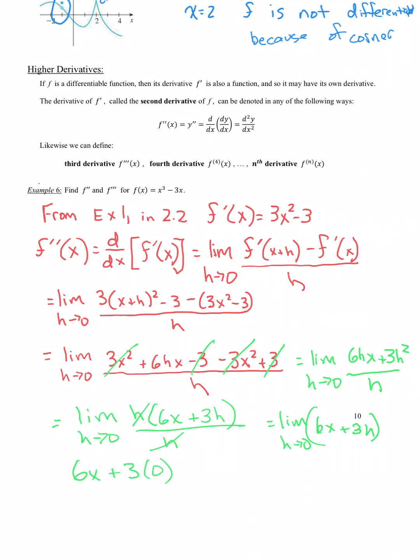That's 0 now, and we'll get 6x. So this means our second derivative is 6x. You do the same for the third derivative, but you'd plug the second derivative into the equation. Okay, and that is our video from example 4, 5, and 6.